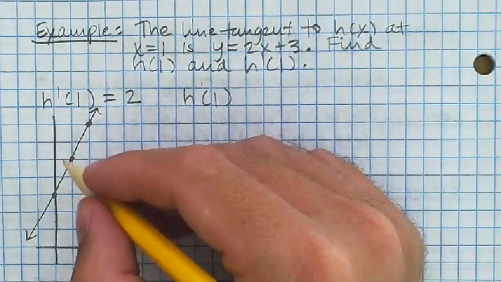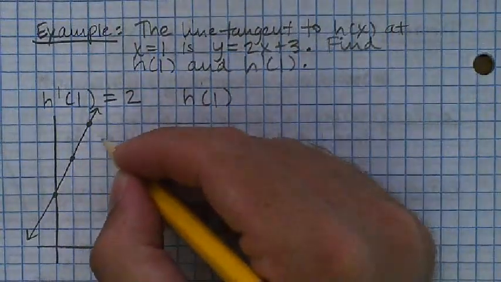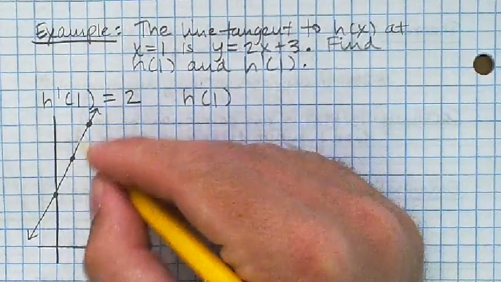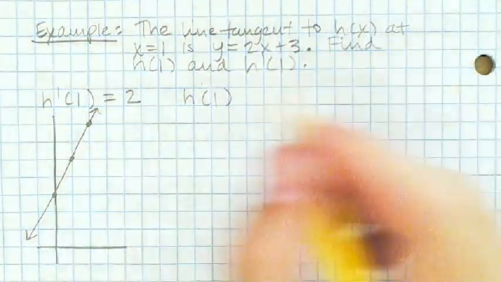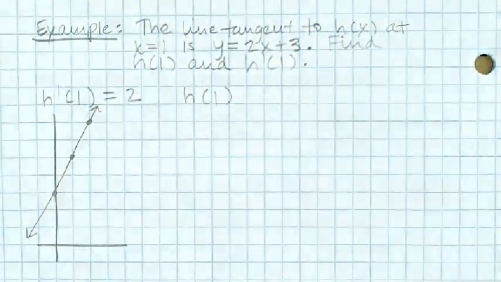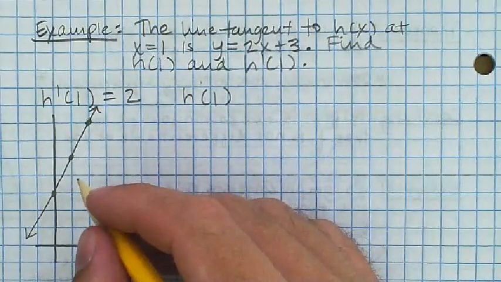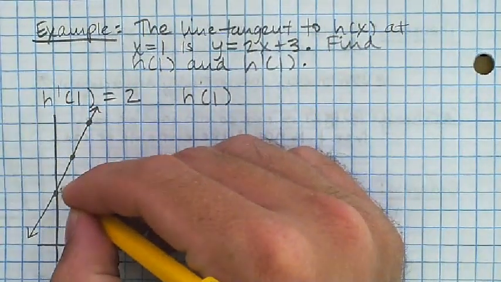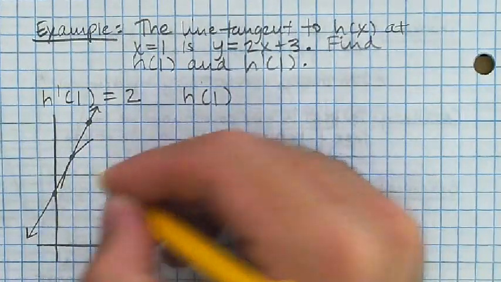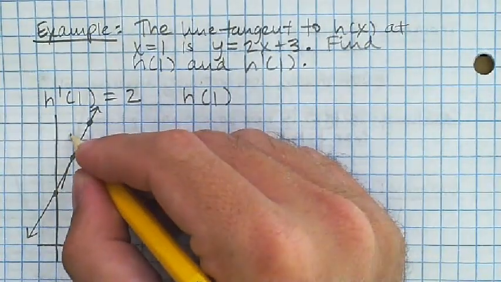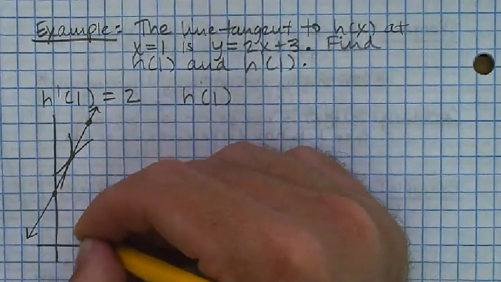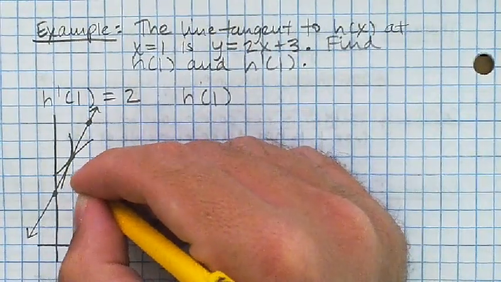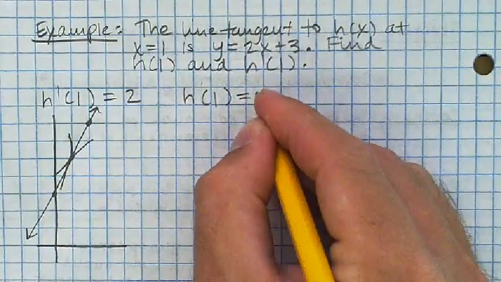I don't know if h is curving like that, or like that, or if it's just that straight line, who knows. But the line tangent does have slope 2. So if h was curved like this, that would work. Or if it was curved like that. But either way, h of 1 is certainly 5.